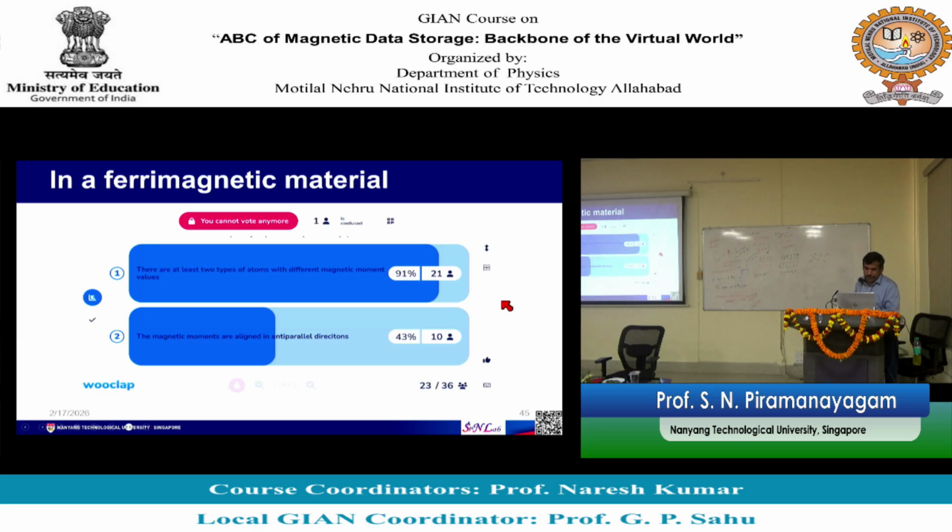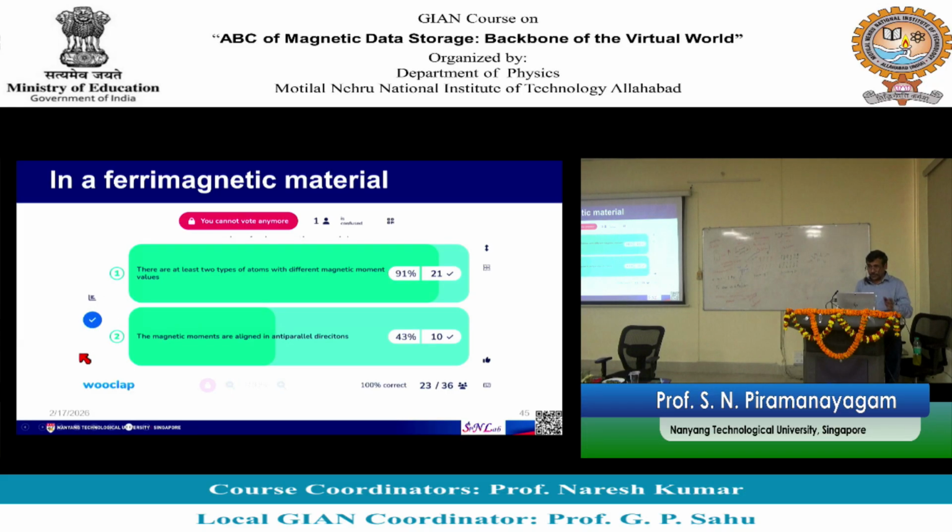Okay, so, in ferrimagnetic material, there are at least 2 types of atoms with different magnetic moment values, that is correct, and the magnetic moments are aligned in antiparallel directions, that is also correct. So, you should have chosen both answers. Okay, so, in ferrimagnetic materials, what happens is you have, let us say, one up spin, there is a down spin with a slightly different magnitude.